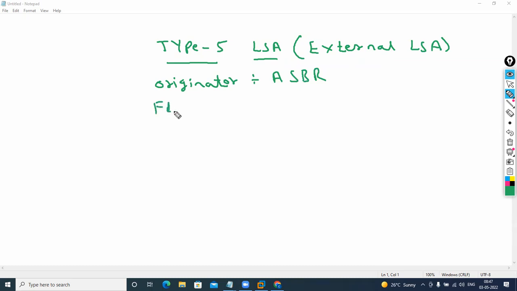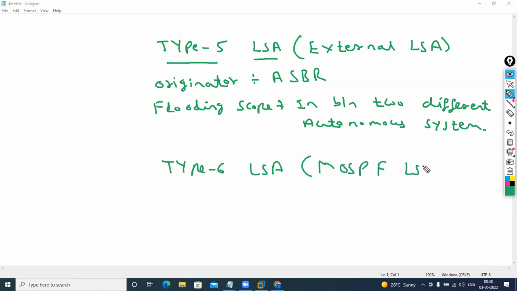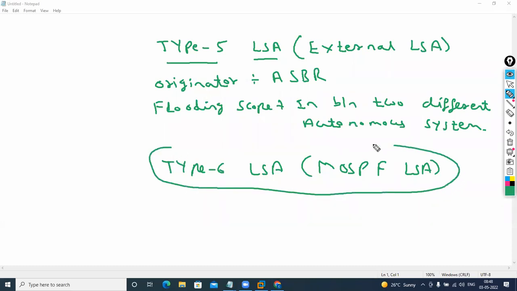Flooding scope. So we have type 6. We don't use this LSA. We call it MOSPF, and we don't have this LSA type.